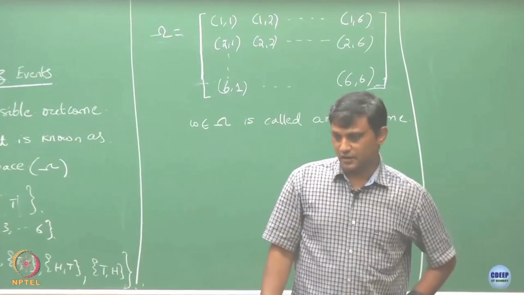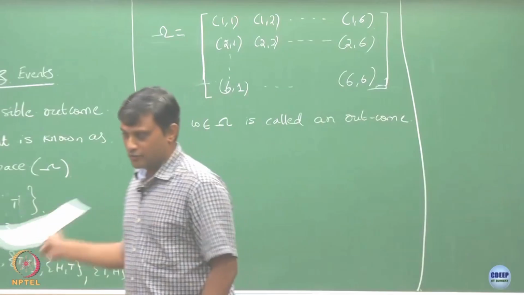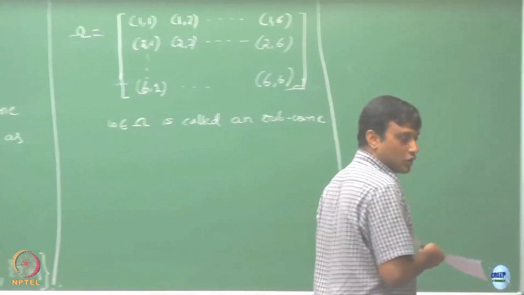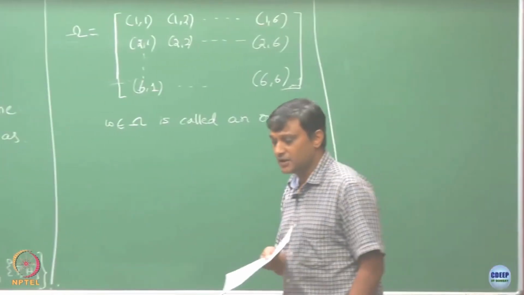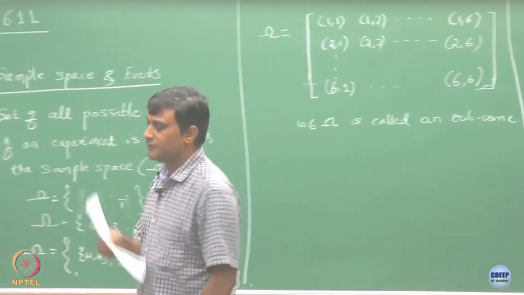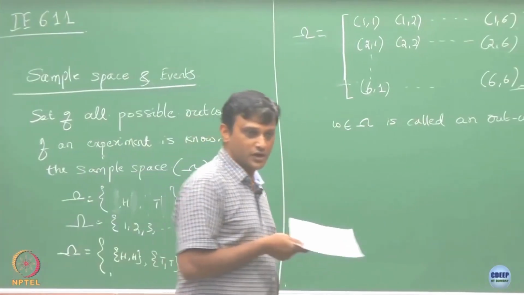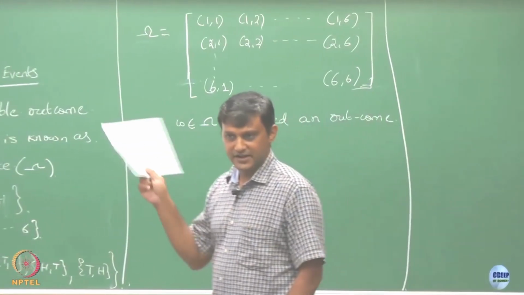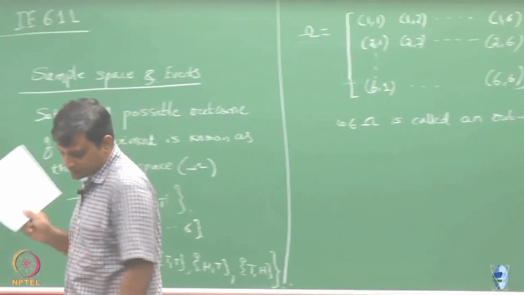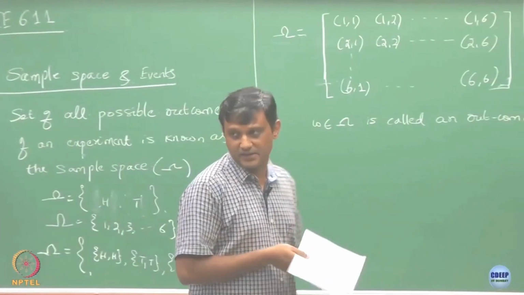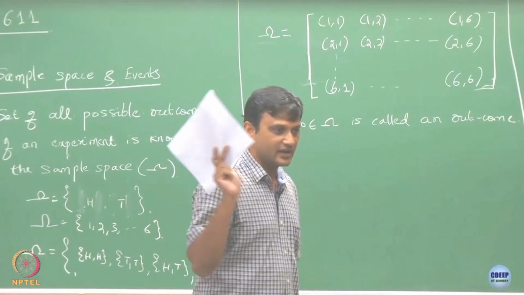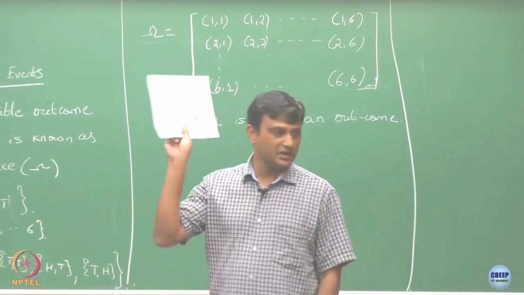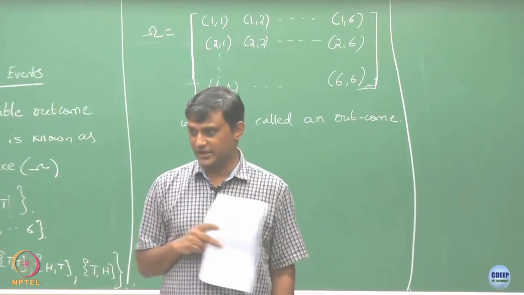It is pretty easy to write down, but often you are not going to model a coin toss, right? You are learning this course to do much more complicated things. For example, you want to model weather prediction, the trajectory of a missile or a satellite, or if I send a signal, whether my signal will reach my destination, or if I take a particular route, whether I will reach my destination within a stipulated time.